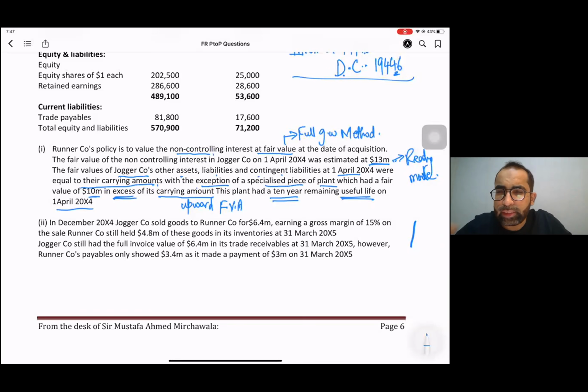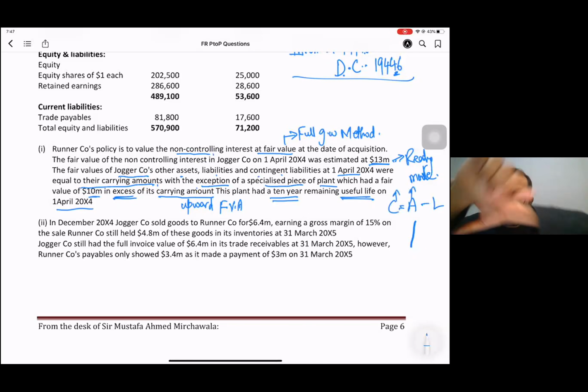Now, this is a pure upward fair value adjustment. I hope you remember that C is equal to A minus L. As this asset is going up, the net asset would also go up. So in the acquisition date net asset packet, you will write 10 million positive.